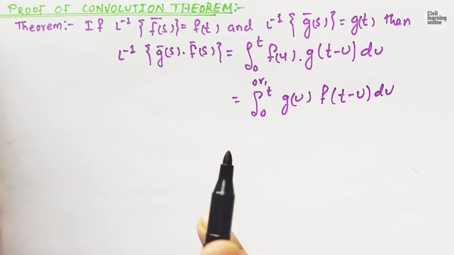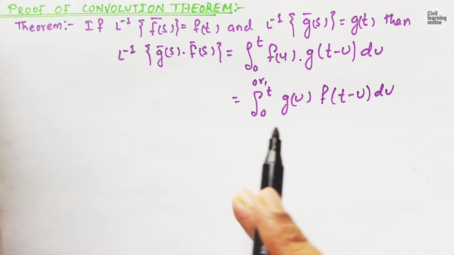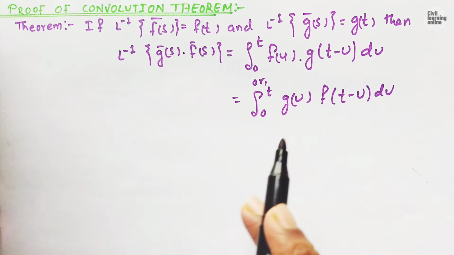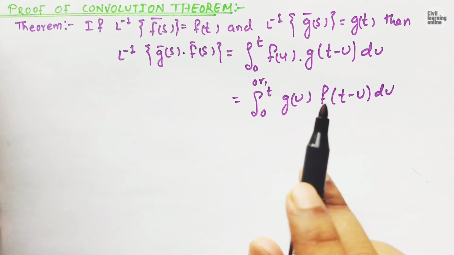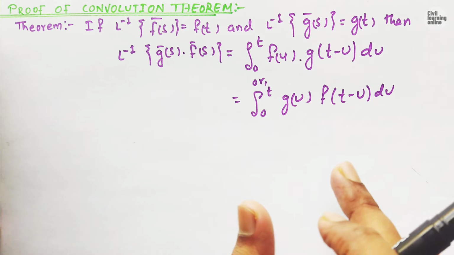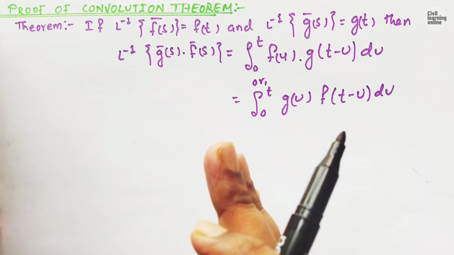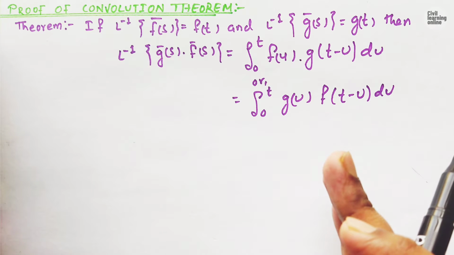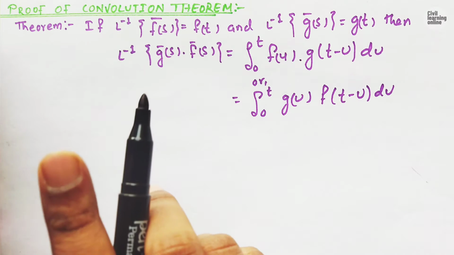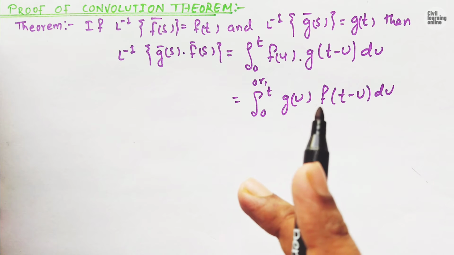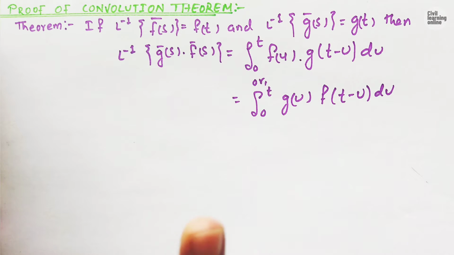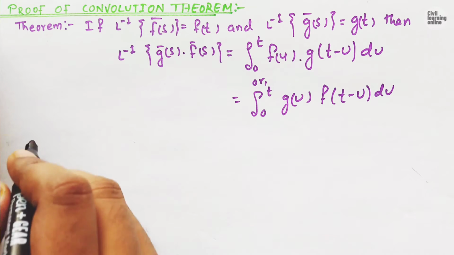So one will be considered as g u and another as f t minus u, or one as f u and another as g t minus u, to solve according to the convolution theorem. So let's proceed with the proof now.